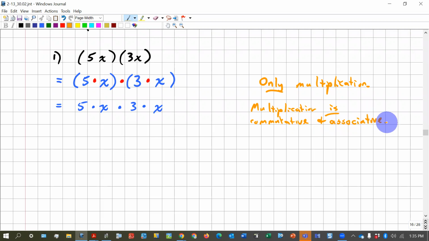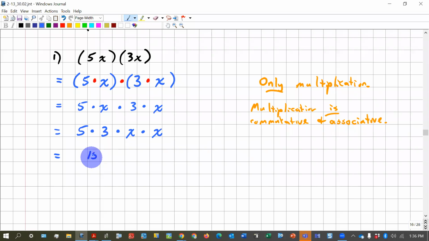So we don't really need the parentheses at all. And we can reorder our factors so we have the same kind of factors grouped next to each other.